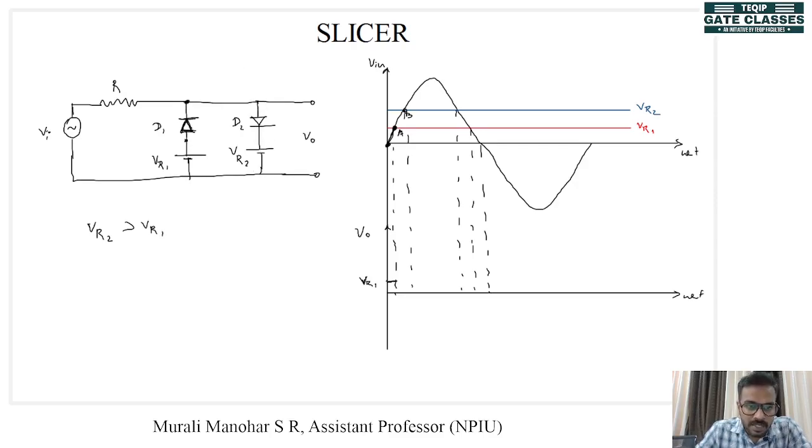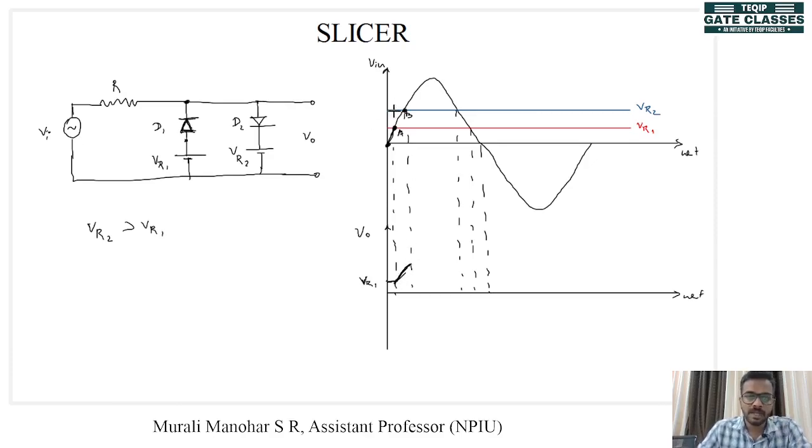Until the anode voltage reaches VR2 or just greater than VR2, diode D2 cannot be turned on. Between point A and B, the input is between VR1 and VR2. When the voltage is between VR1 and VR2, both the diodes are turned off, and the output will be same as the input, the sine wave, right?